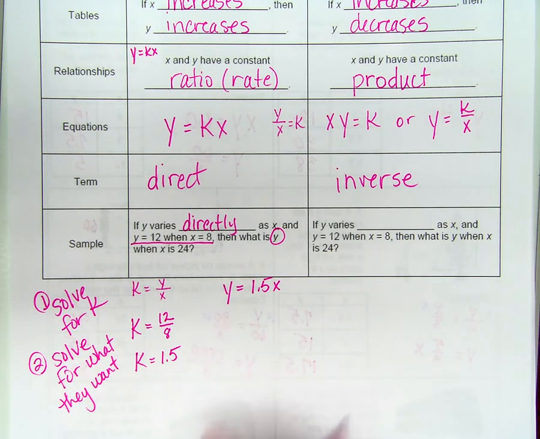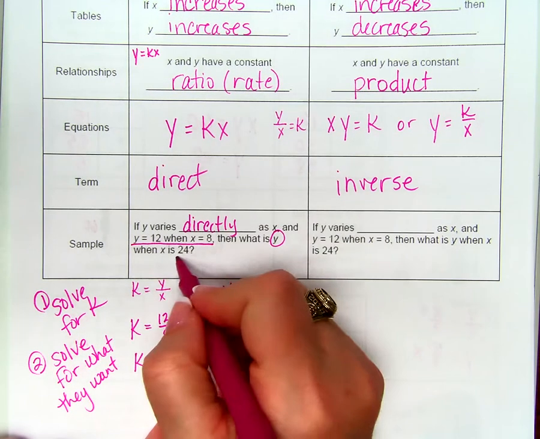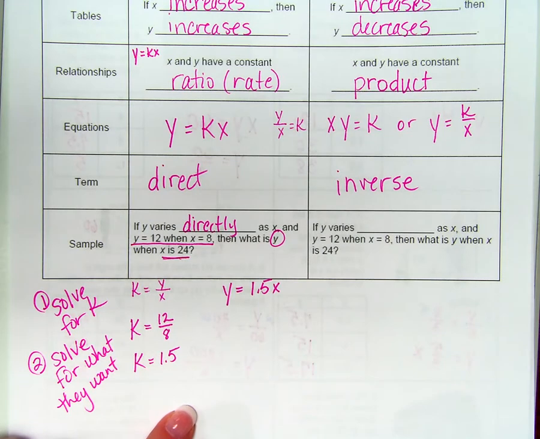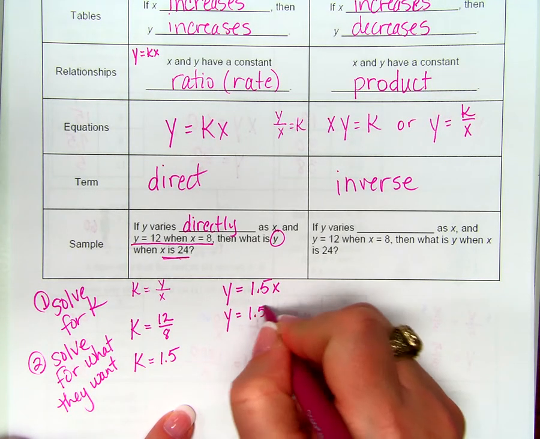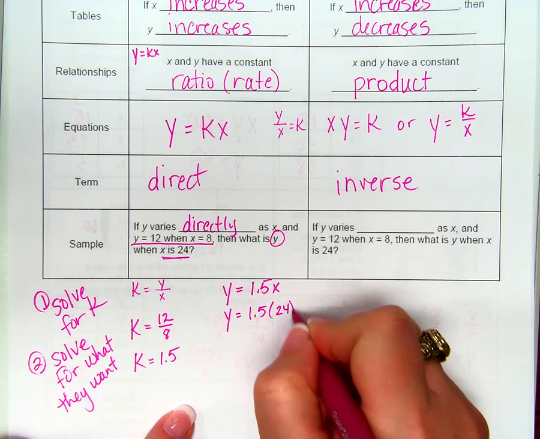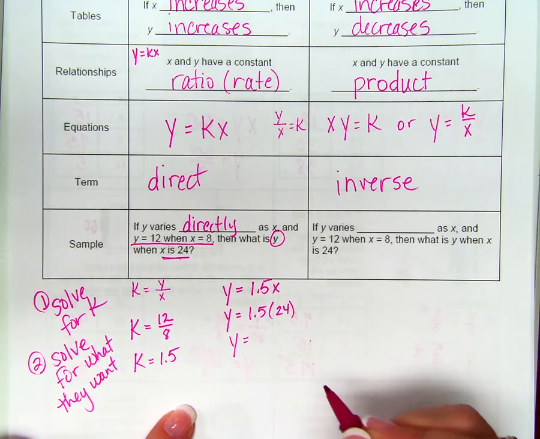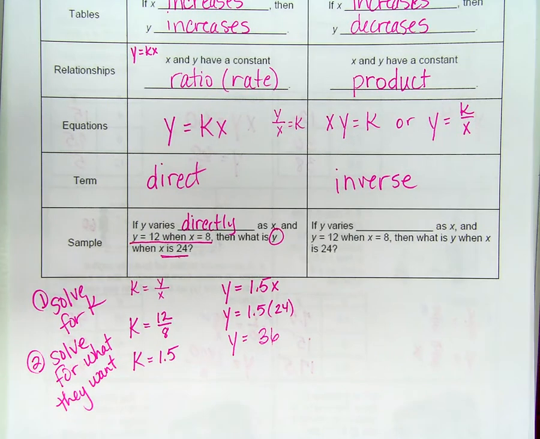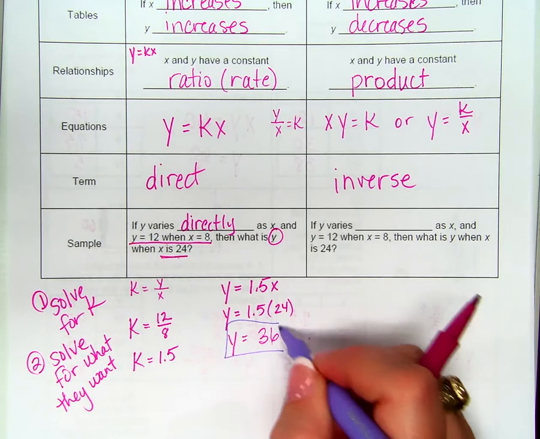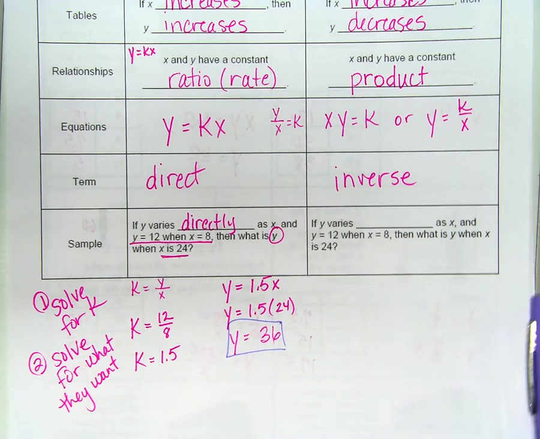Okay? Well, if they want y, they also have to tell us that x is something, so we can solve for it. So here I say y equals 1.5 times 24. What is 1.5 times 24? 36. And that is the answer. Okay?